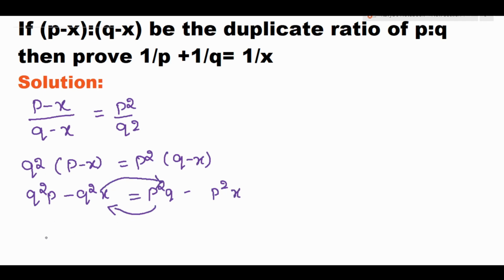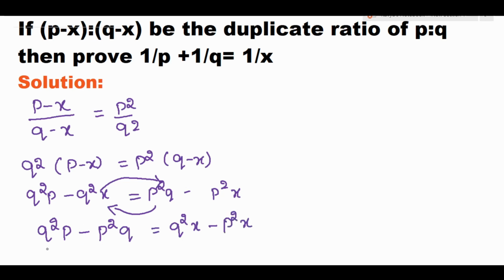So what happens? Let us see. Q square P minus P square Q I'll get, and I'm bringing Q square X, so it changes its sign and becomes positive. Now I have P square X.